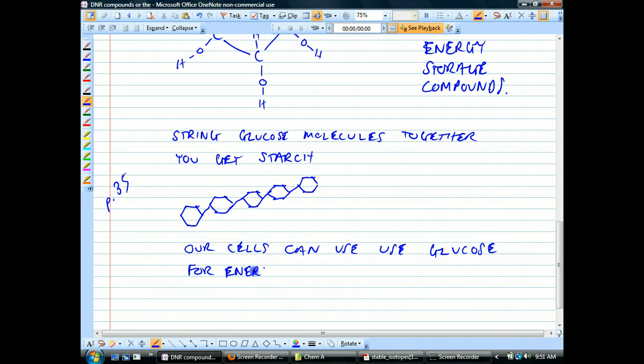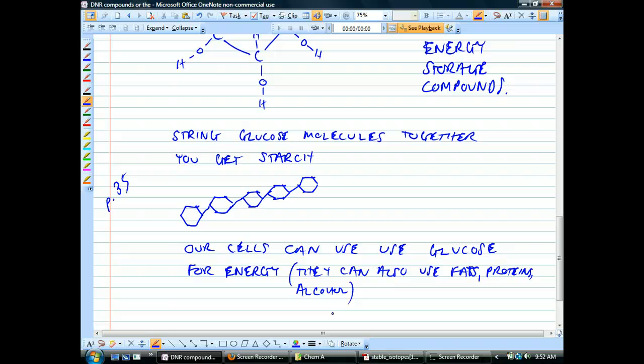Now, I'm going to say right here, they can also use other things. They can also use fats, proteins, even alcohol can be metabolized.